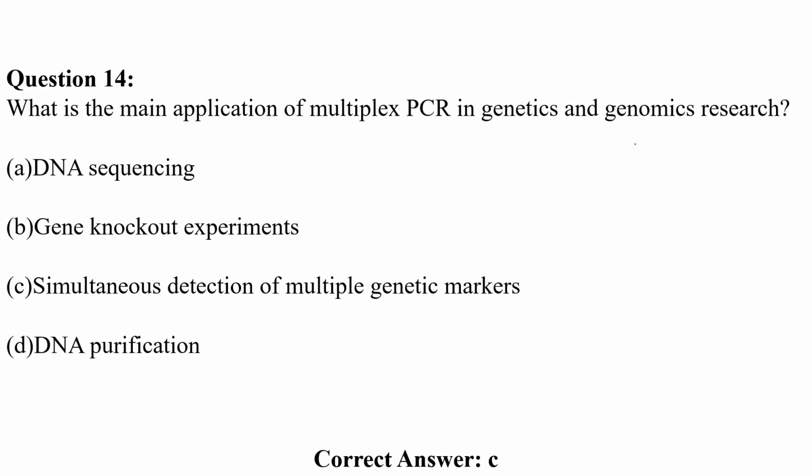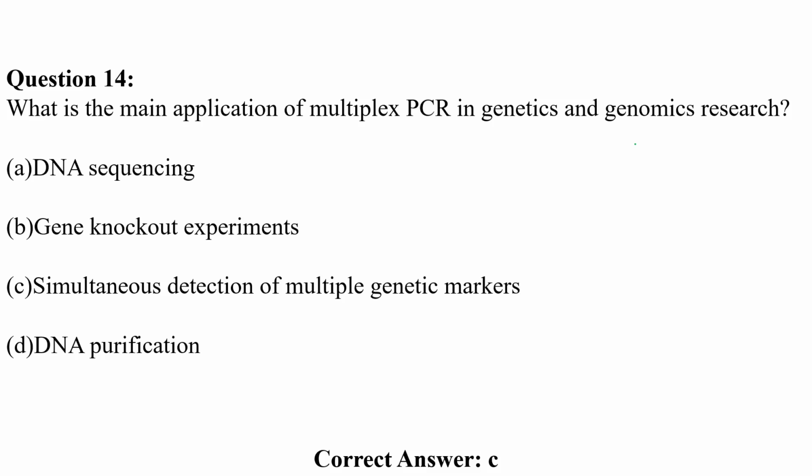So multiplex PCR is a technique where we can put multiple primers and amplify different regions simultaneously. If I want to amplify multiple genetic markers or multiple genes at the same time, we can add all the primers for all the regions separately in the same vial.